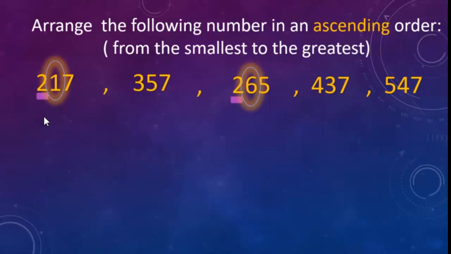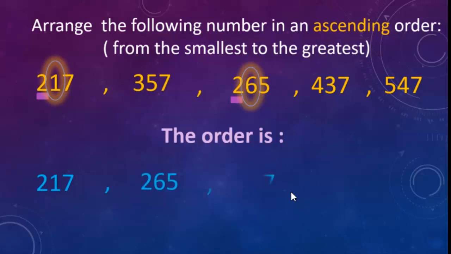So 217 is smaller than 265. The first one 217, the second one 265. After that we have 357, 437 and 547. So the order is 217, 265, 357, 437, 547.